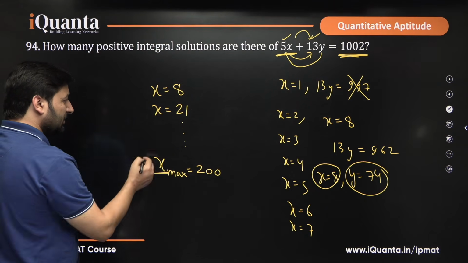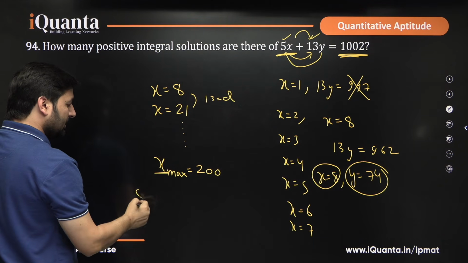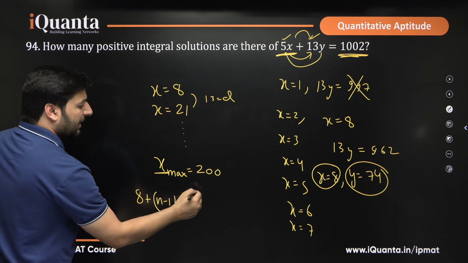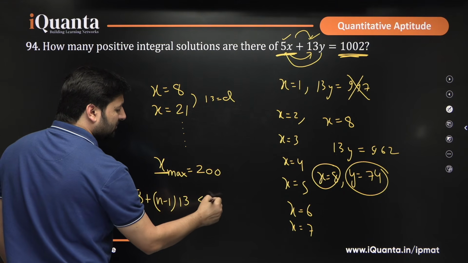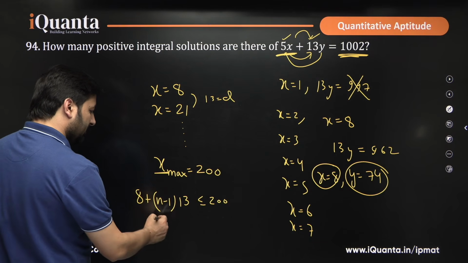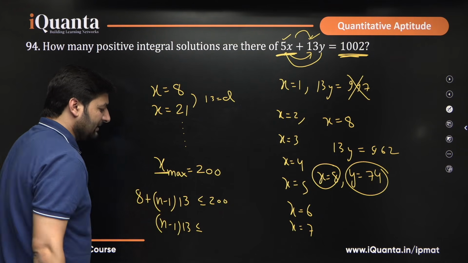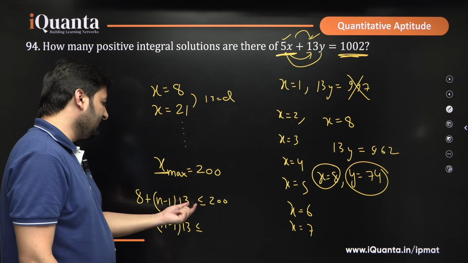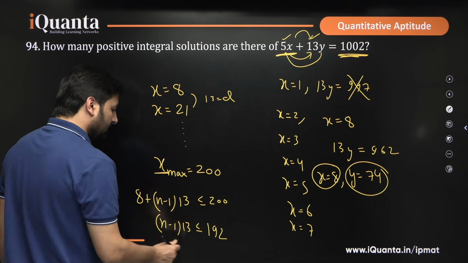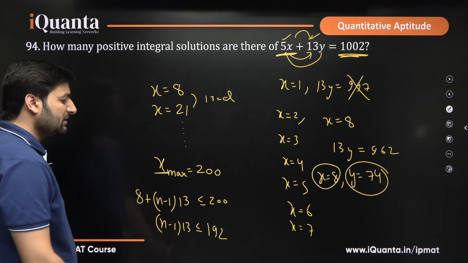So, that means your AP has a difference of 13, the first term is 8, and the nth term is a plus n minus 1 into the difference 13, and we should reach somewhere around 200 for sure. So, this is 8 plus n minus 1 into 13, less than or equal to 200. 200 minus 8 will be 192, and now 13 1s are 13, 13 4s are 52.